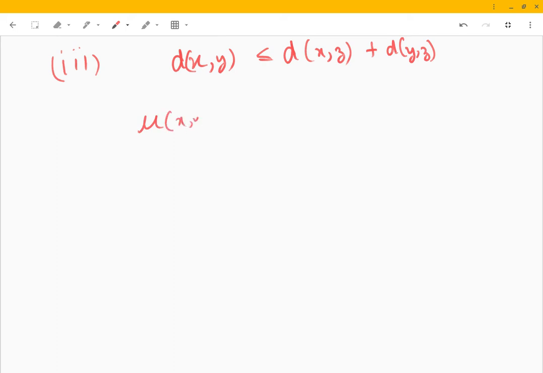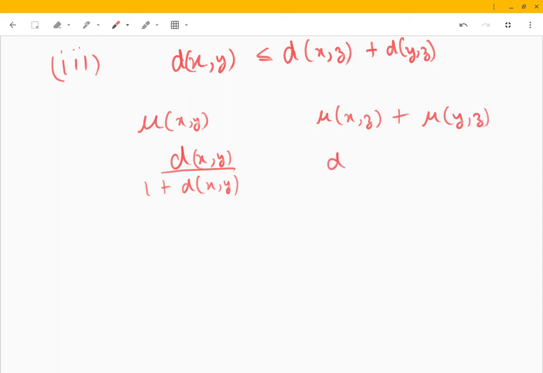Mu of xy should be d(x,y) over 1 plus d(x,y). This is our left hand side. And the right hand side is mu(x,z) plus mu(y,z).